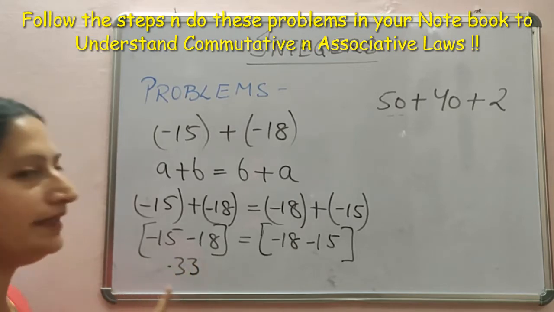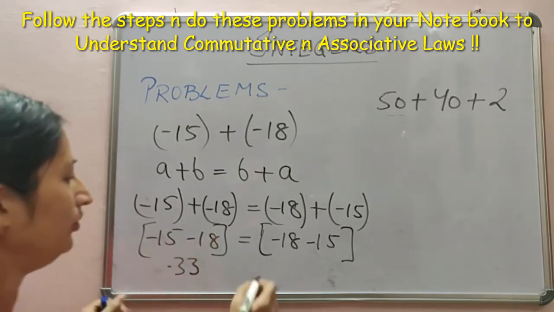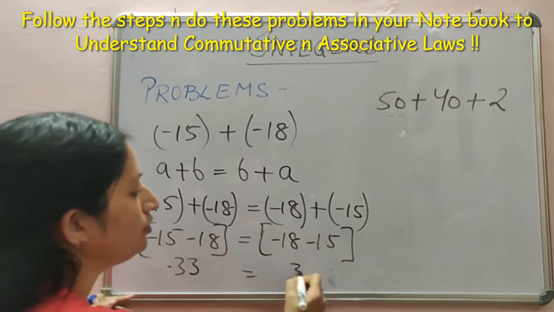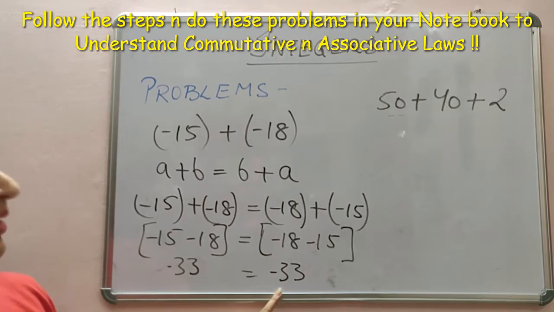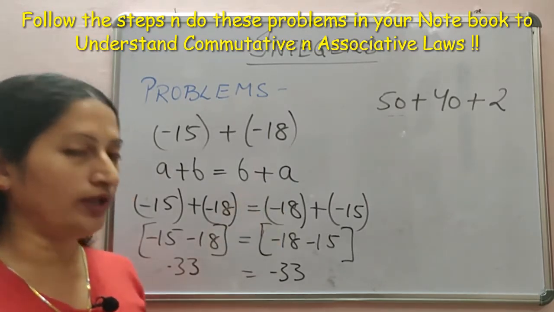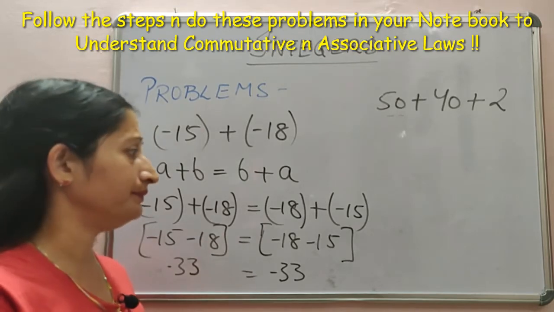It will become minus 33 this side, because both minus signs are there, so we will add them together. Same way here both minus signs are there, so we will add them together and we will get here also minus 33. So you can see left hand side is equal to right hand side. So our commutative law, that is a plus b equal to b plus a, is proved.